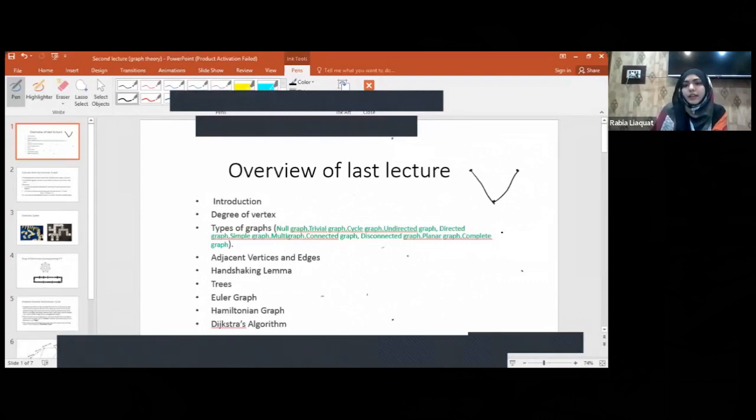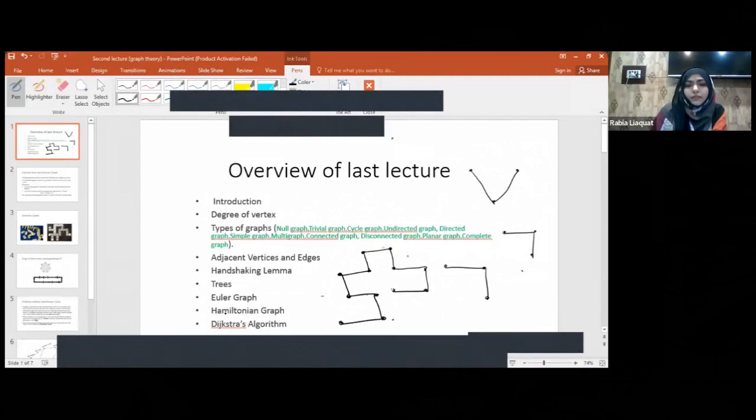A tree is just like a path between any two vertices. For example, this is a tree, just like this. No multiple edges, no loops, no closed path.